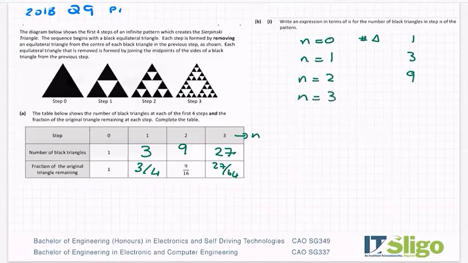When n was 3, I had 27. And you're looking for a pattern between your n numbers and your answers. Now just a word on n equal to 0 and 1 as your answer: anything to the power of 0 is 1.